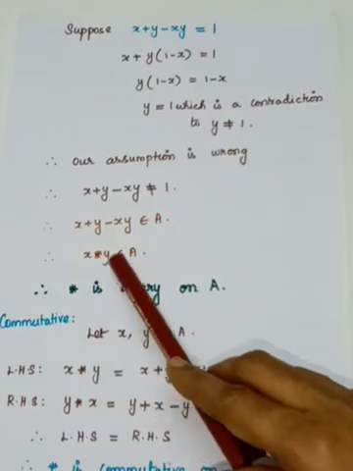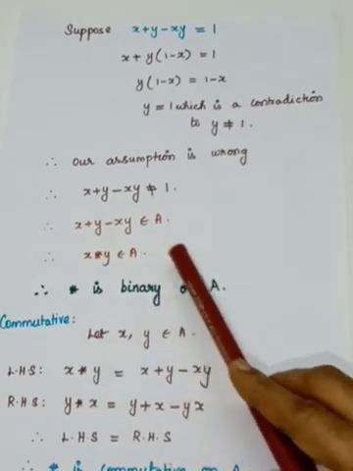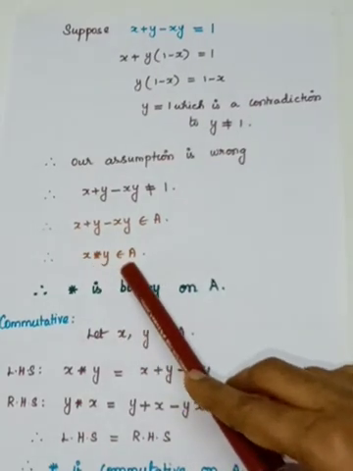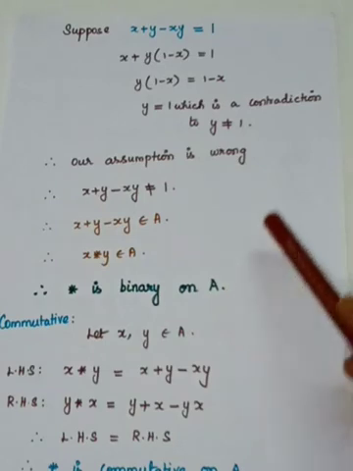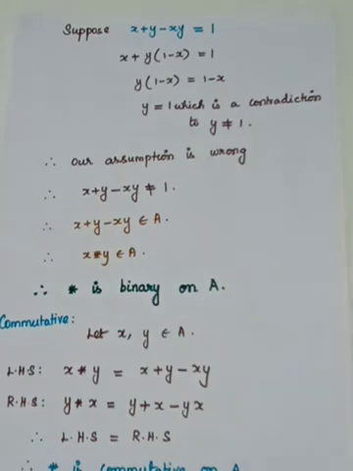So x asterisk y belongs to A. So for all x, y belongs to A, x asterisk y belongs to A means asterisk is a binary operation on A, or otherwise we can say the set A is closed under asterisk. So we have proved the closure property. So therefore the operation is a binary operation.